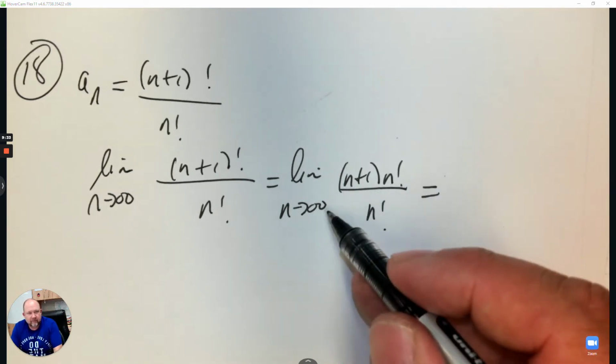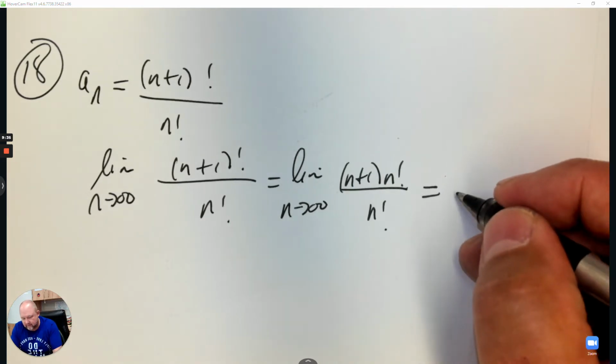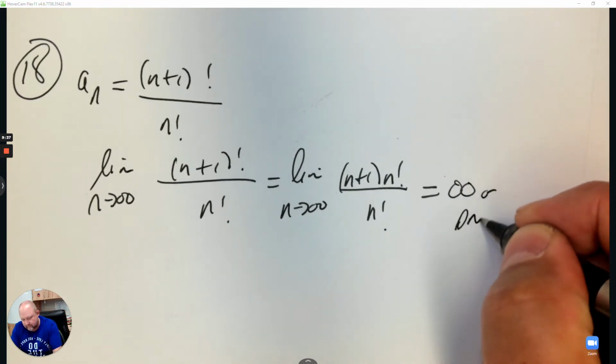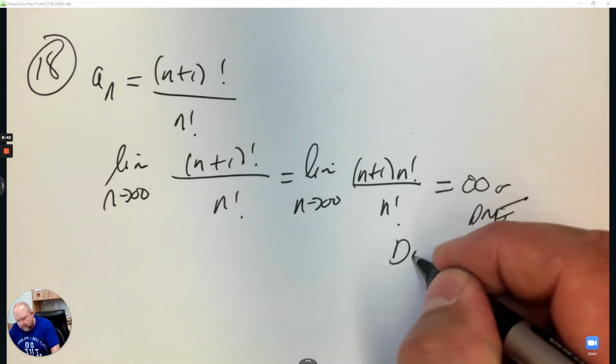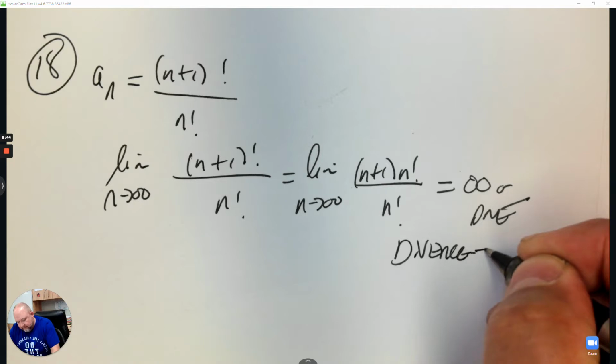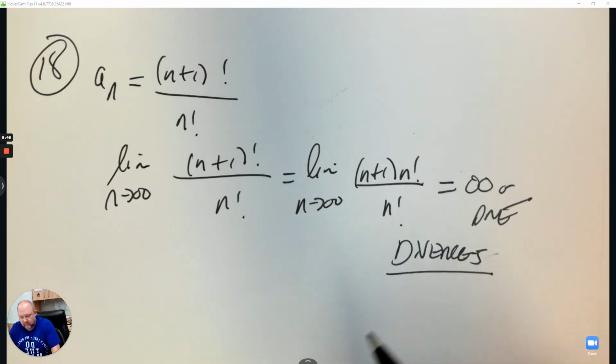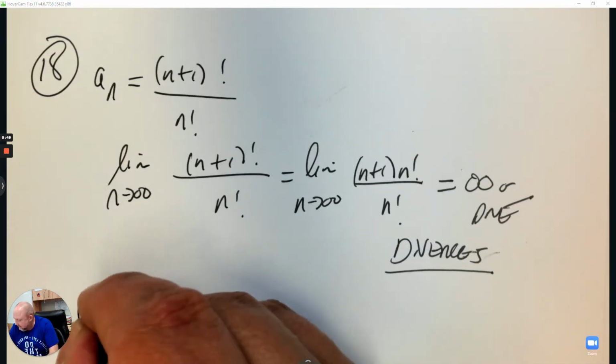So this divides out, but this is still unbounded. Number 19. So in other words, this diverges. It doesn't converge to an answer. Instead, it goes to infinity.